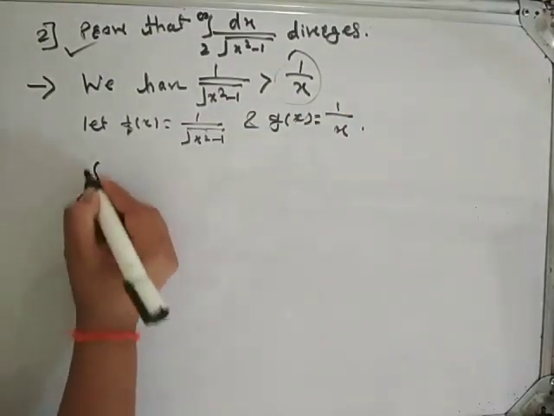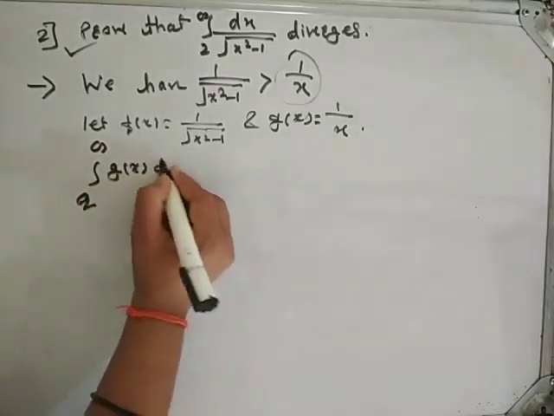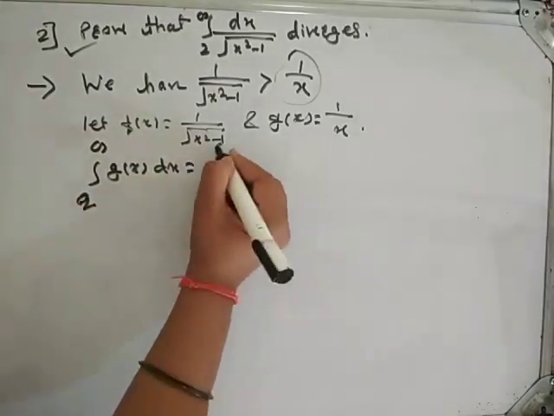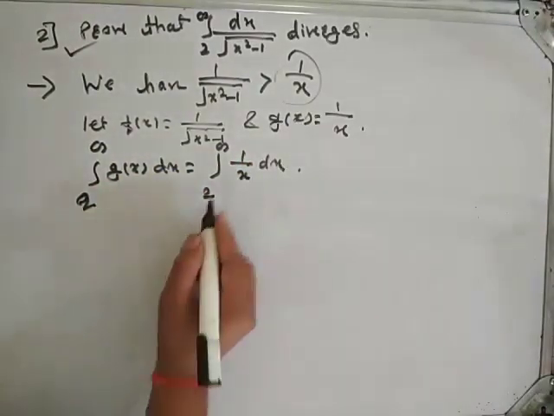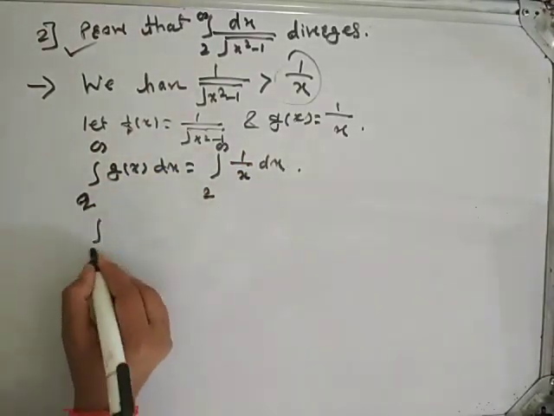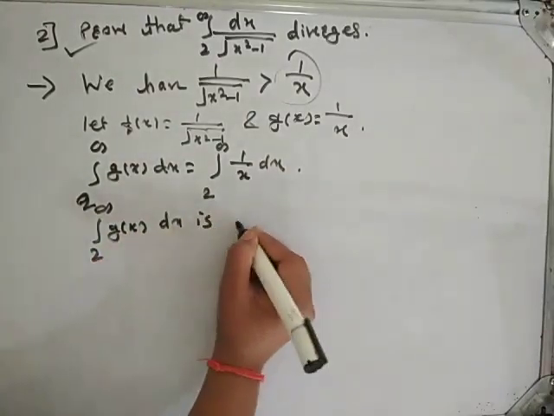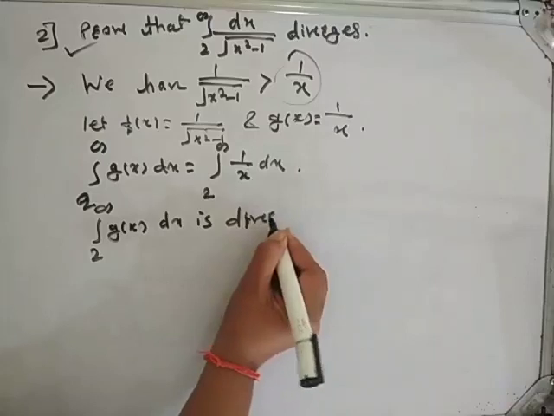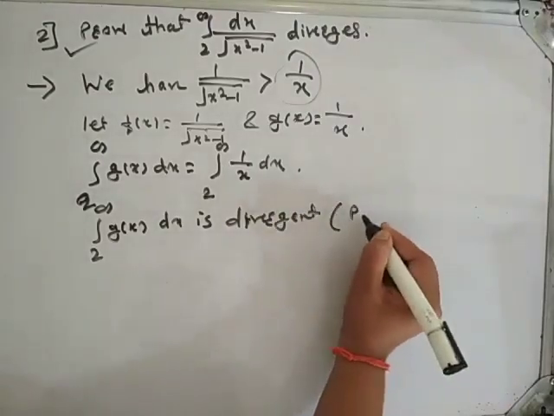Integration from 2 to infinity g of x dx is equal to integration from 2 to infinity 1 upon x dx. And integration from 2 to infinity g of x dx is divergent. Why is it divergent? This is by the p test.